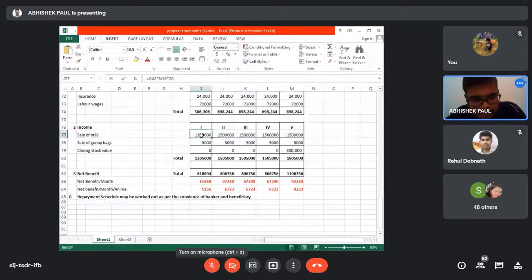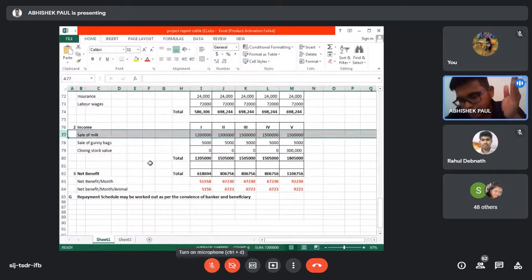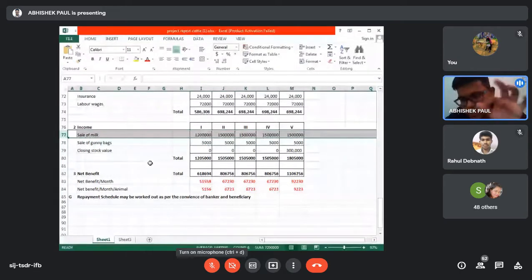You see the 12 lakh, how they have calculated it is very easy. 12 liters of milk you will get per animal per day. So 12 into 10, that is 120 liters of milk in a day. Then 120 into 25 is the amount you will get in a day, into 365, which means a year.